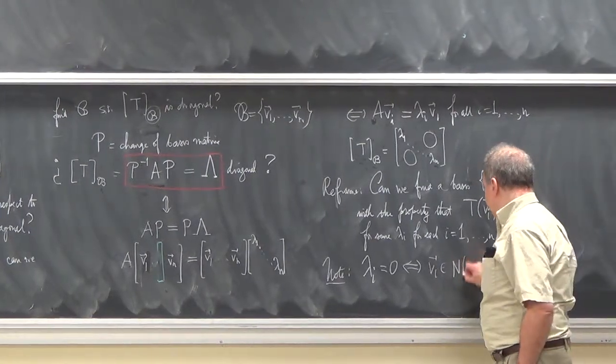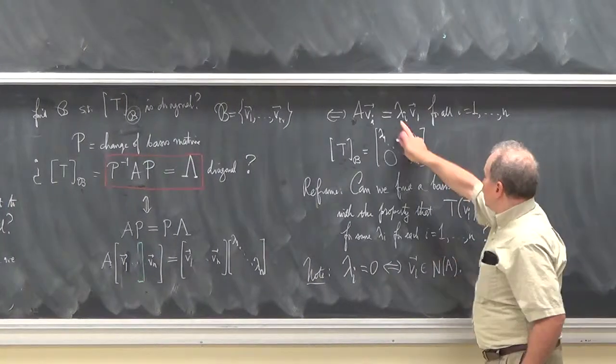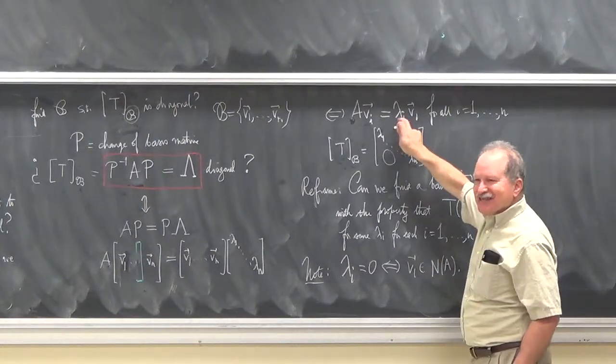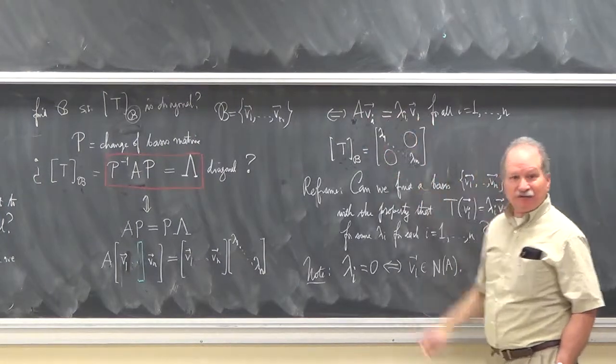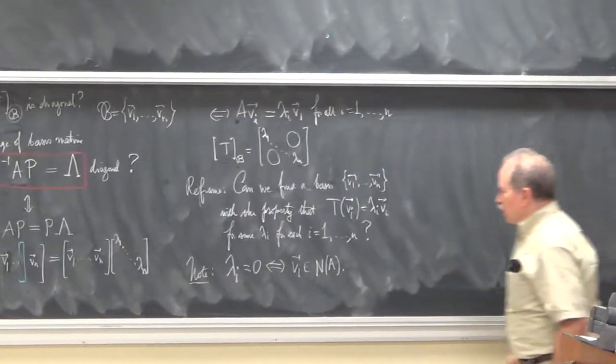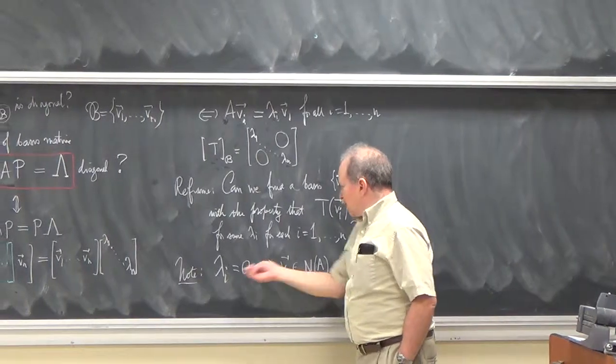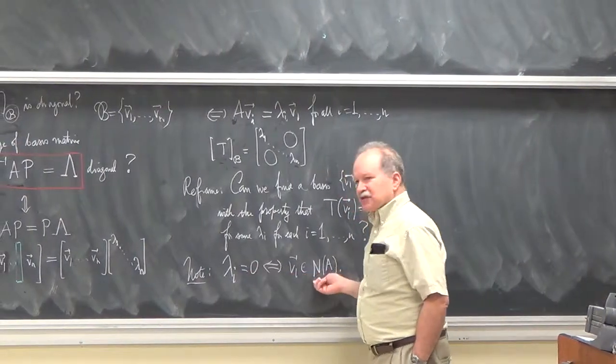Null space. Right. If lambda is 0, that means A times the vector is 0 times the vector, which is 0. So vectors that give us the scalar being 0 are vectors that are in the null space.